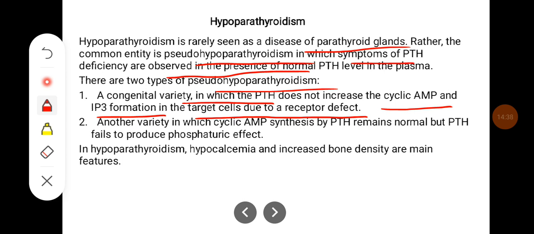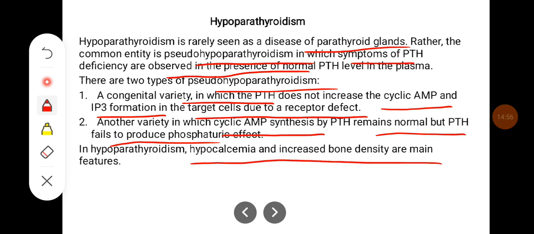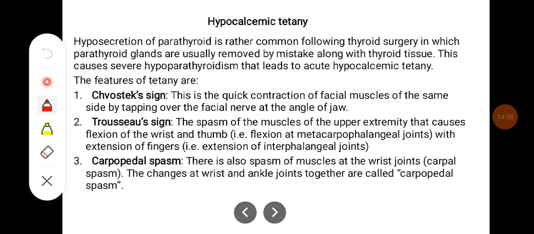Another variety is one in which cyclic AMP synthesis by PTH remains normal, but PTH fails to produce the phosphaturic effect. In hypoparathyroidism, hypocalcemia and increased bone density are the main features.